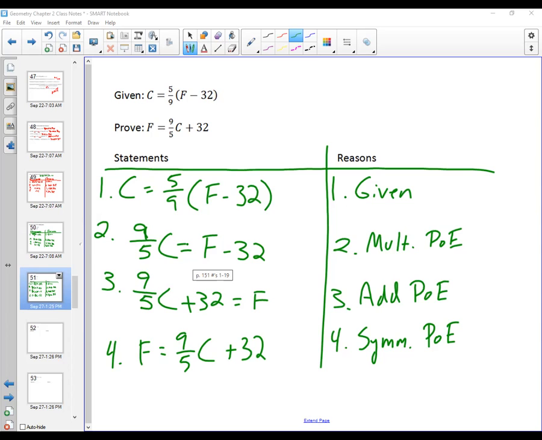The postulates, there were 7 of them. 2 of them related to a line having 2 points. 2 of them related to a plane having 3 points. 1 of them was if 2 points are on a plane, then the line containing them is in the plane. And then the other 2 were intersections of lines is a point, and intersection of planes is a line.